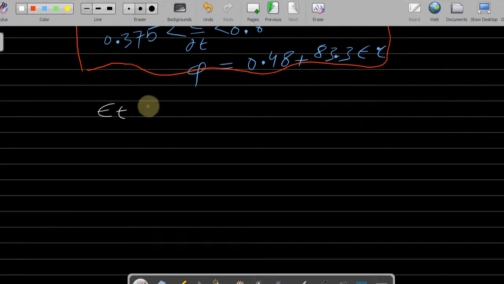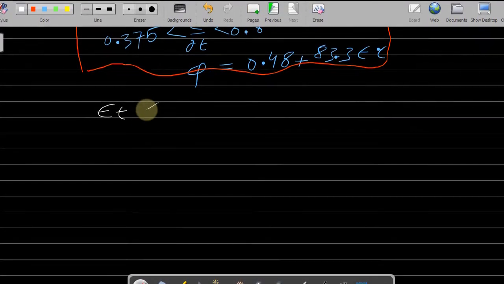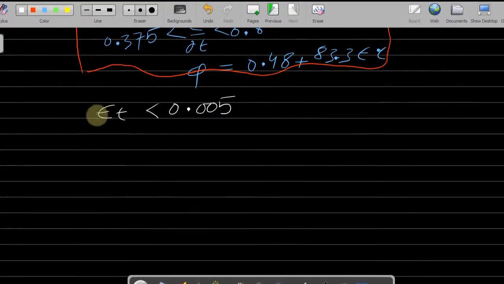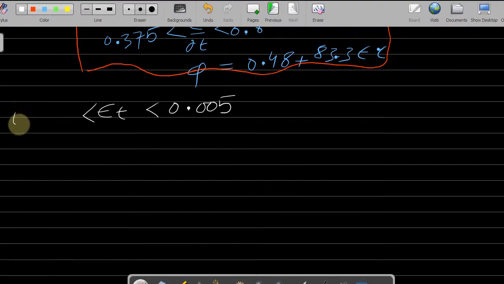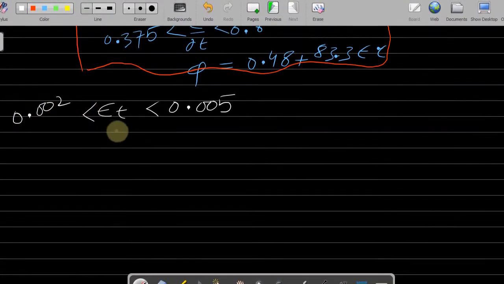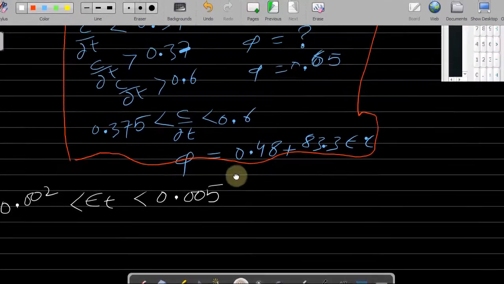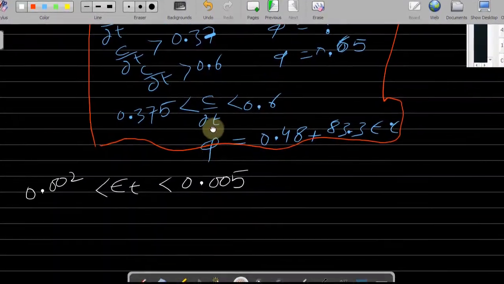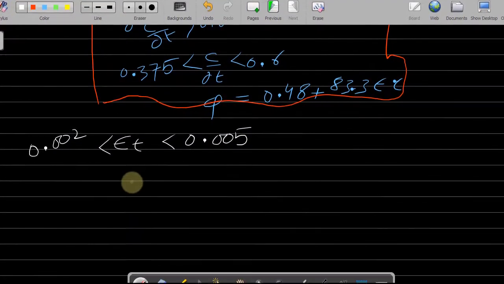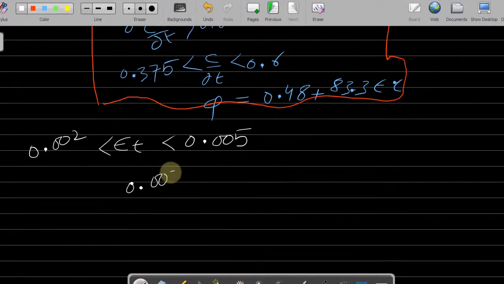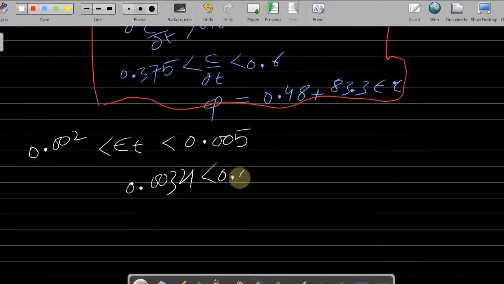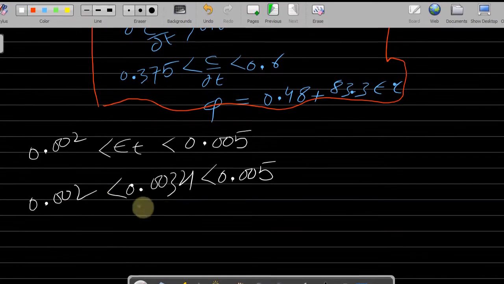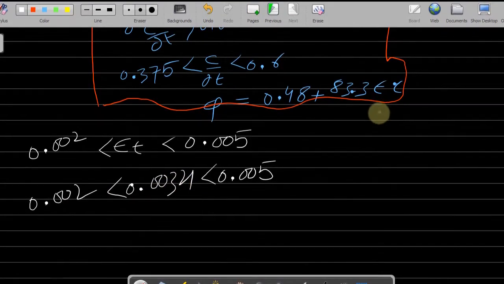In this case, the epsilon t value which we have calculated right here is 0.00321, which is less than 0.005, and it is also greater than 0.002. So this means we are in the transition zone.